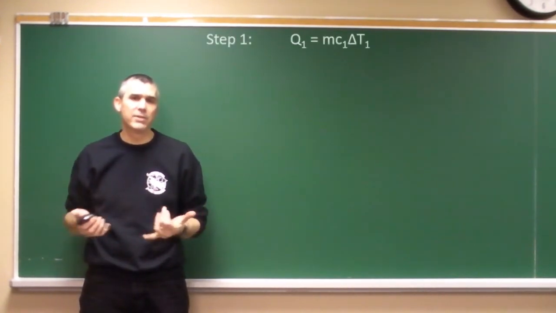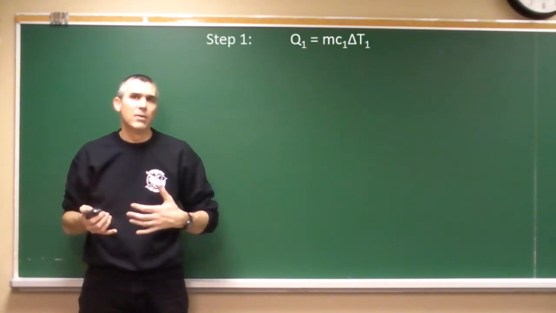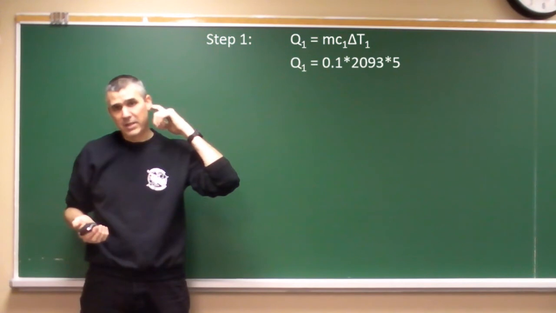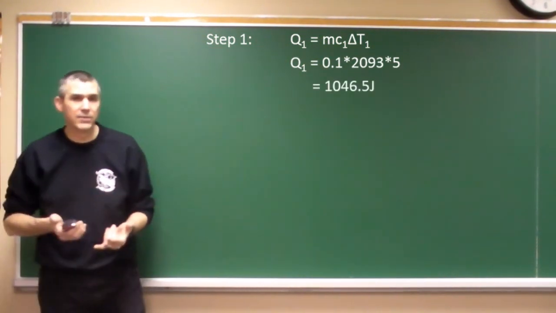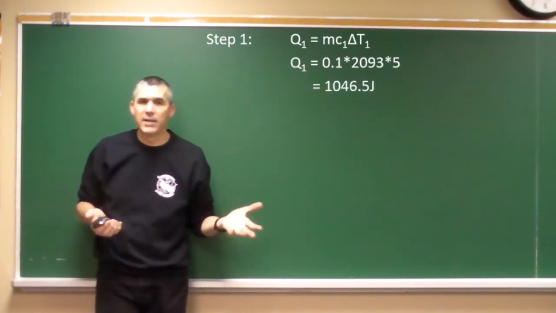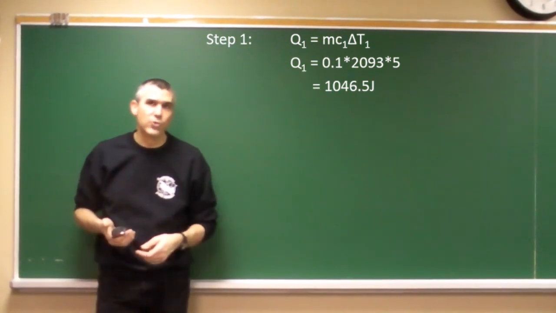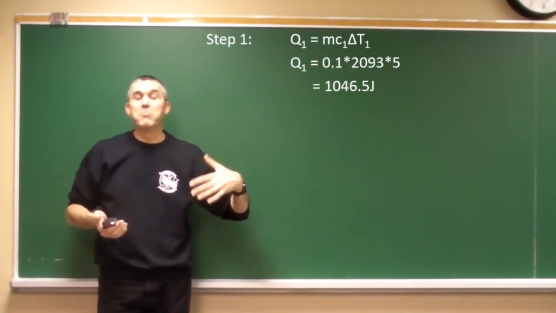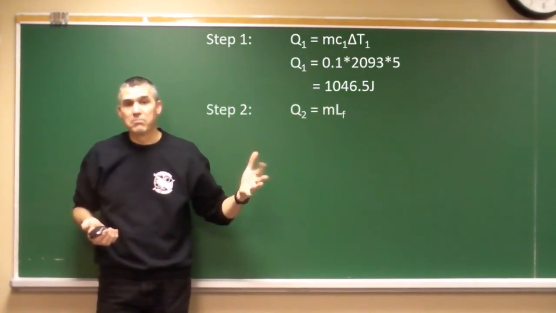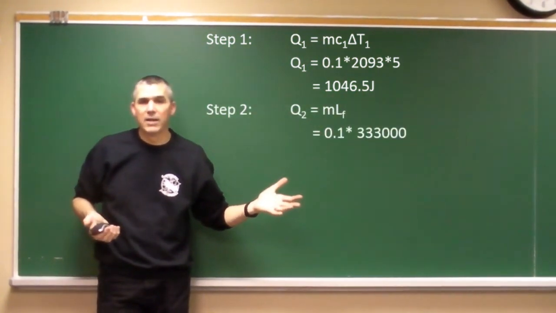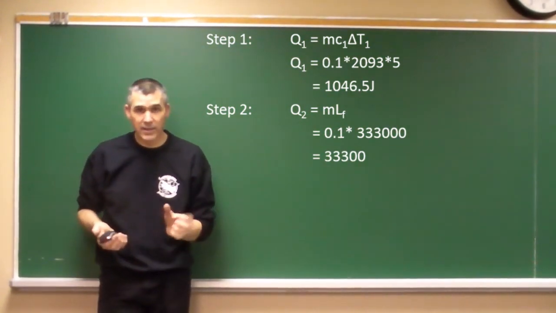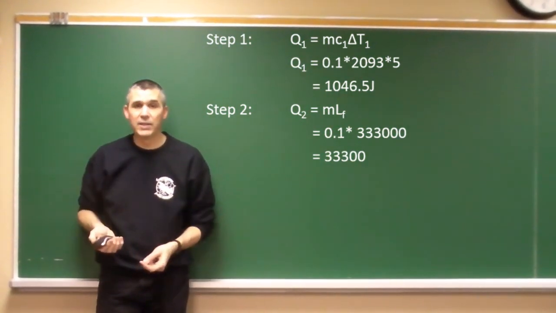So the first step is going to be warming up the ice, and if I plug in the formula, mc delta T, I get 1046.5 joules of energy to warm that ice cube up to freezing. To melt it, it's going to be 33.3 kilojoules to melt that little ice cube, so we still have lots of energy left over.